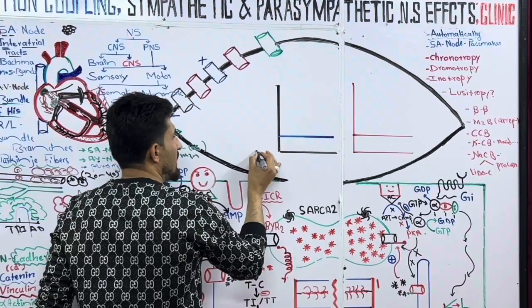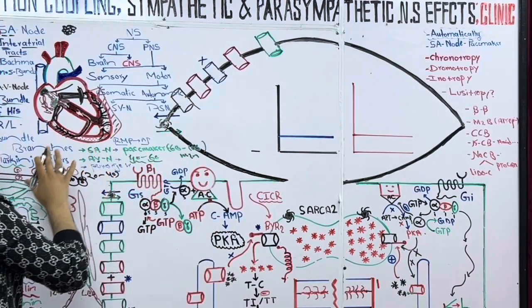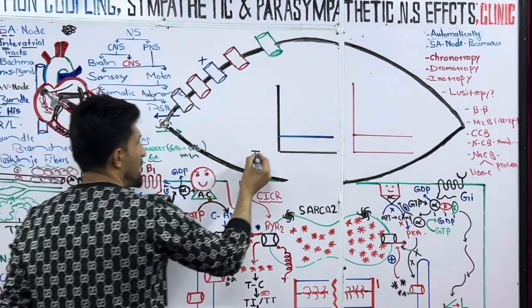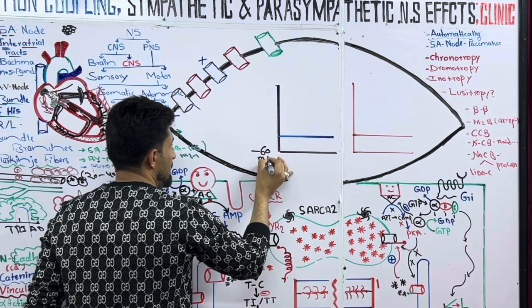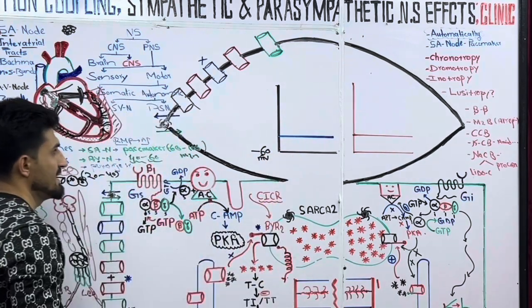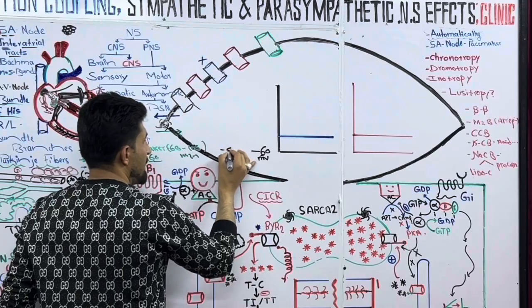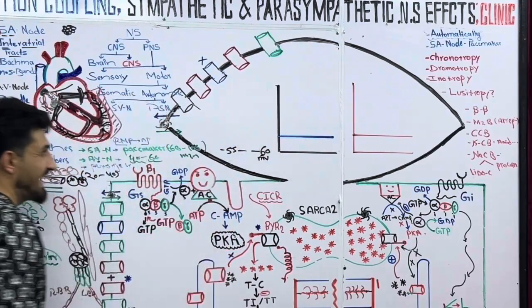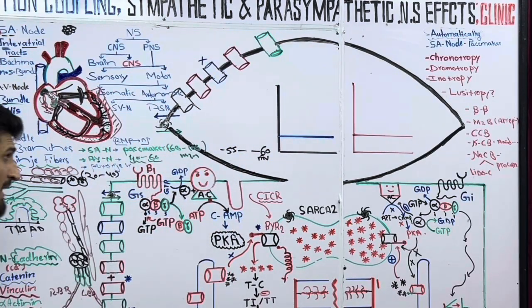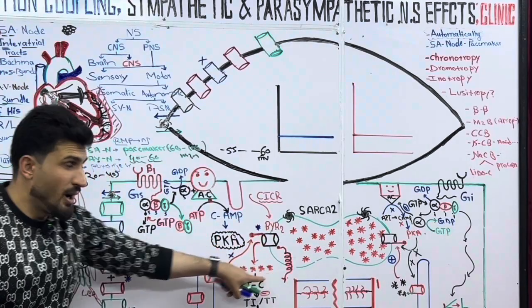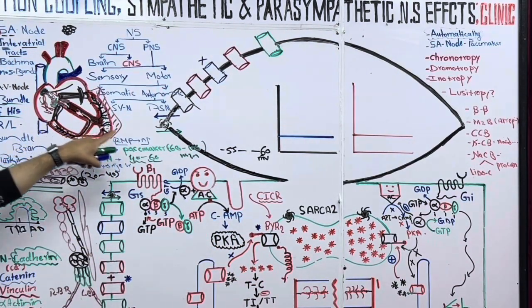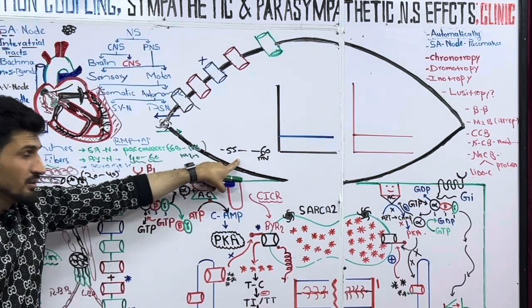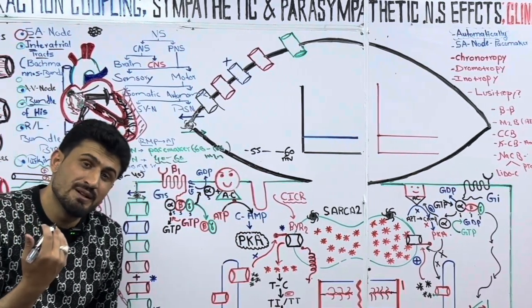Resting membrane potential in SA nodal cells or in AV nodal cells, in both of them, is around negative 60 millivolts, or negative 55 to negative 60 millivolts. And in other types of myocytes, like atrial and ventricular myocytes and the Purkinje system, the resting membrane potential is around negative 90.